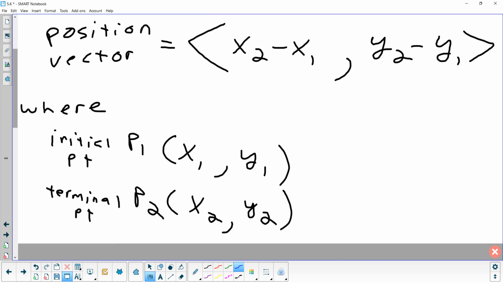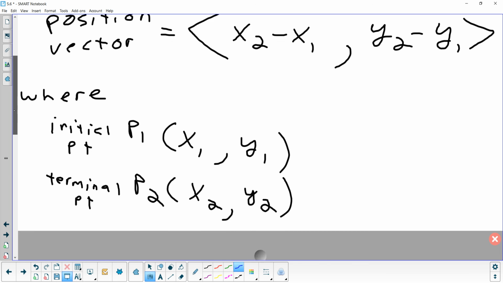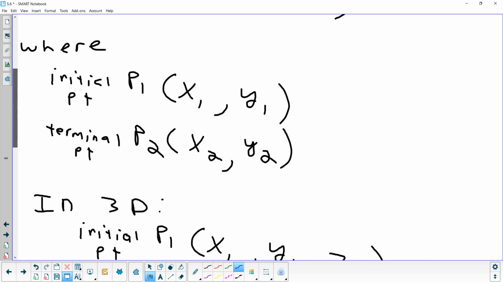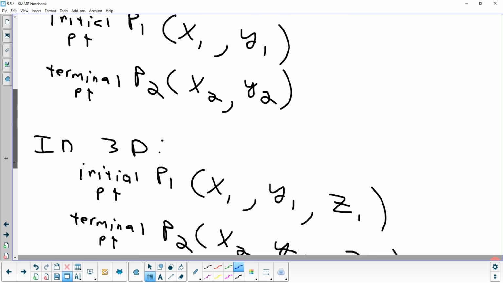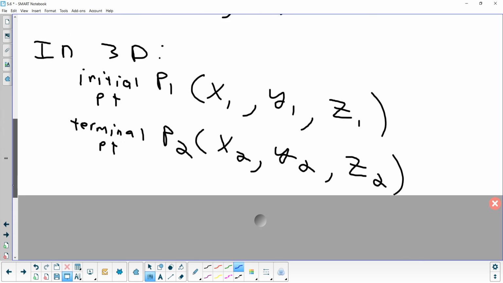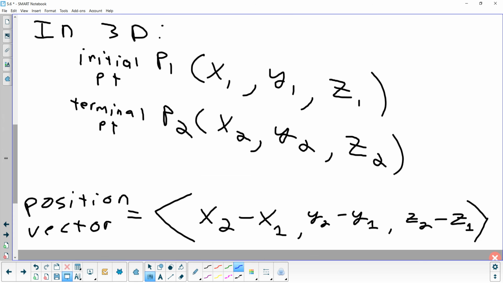But now in 3D, you're going to put a comma, z2 minus z1. So now the initial and the terminal point won't just be described with an x and a y value. It'll also have a z value.